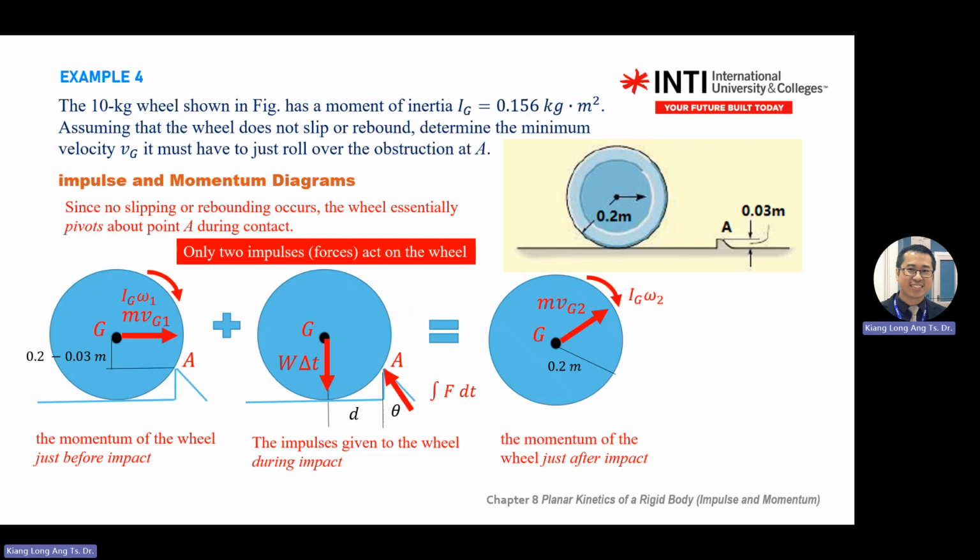So the far left diagram is when it rolls before it touches A, the middle diagram is when it touches point A, and the one on the right is when it goes up. When it touches A and goes up, the velocity goes up this way, and because it continues to roll up, you have Ig omega 2.